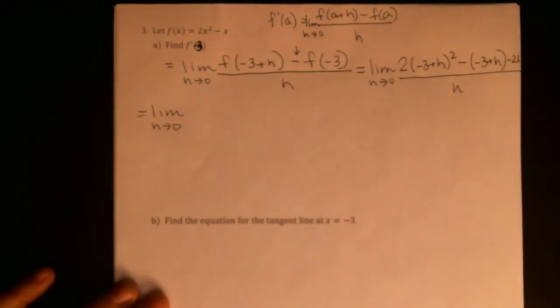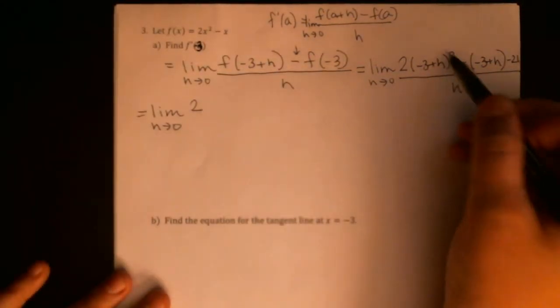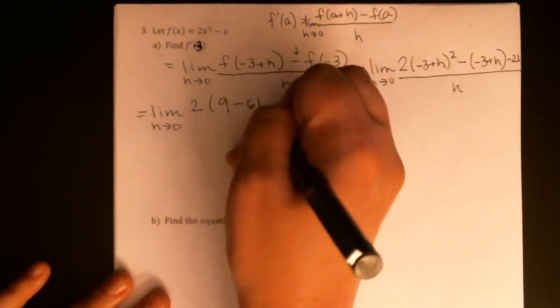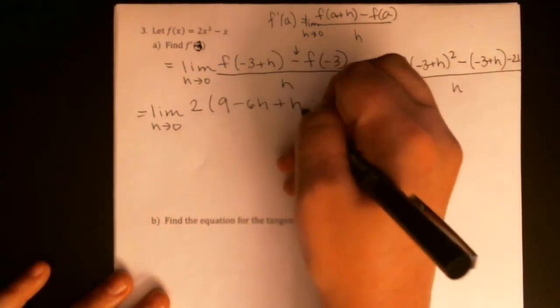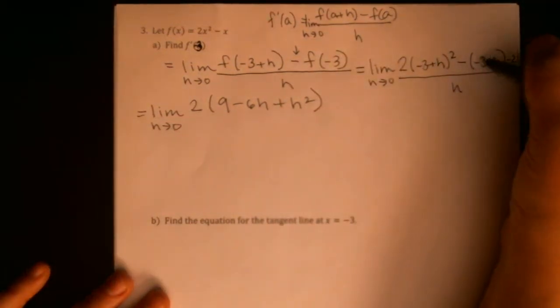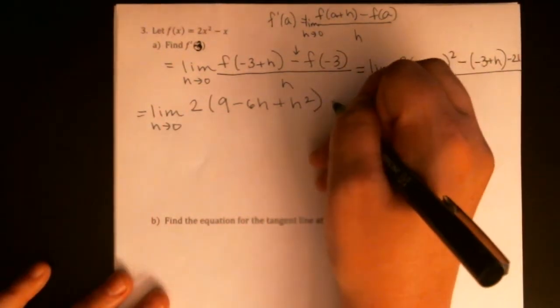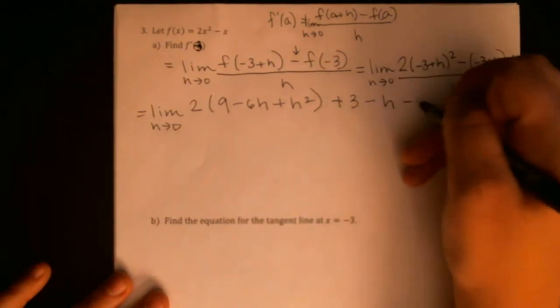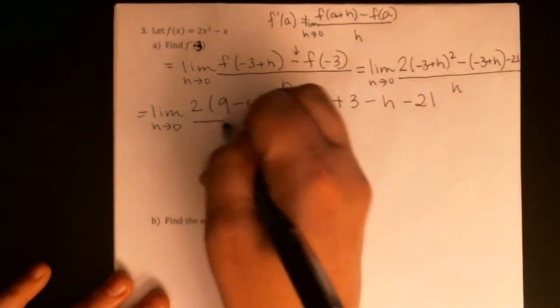So the algebra in this case is just going to be multiply a bunch of this mess out. So I'm going to square this, which will give me a 9 minus 6h plus h squared. I'm going to distribute the minus sign through, so I'll end up with a plus 3 minus h, and then I still have the minus 21 out at the end.